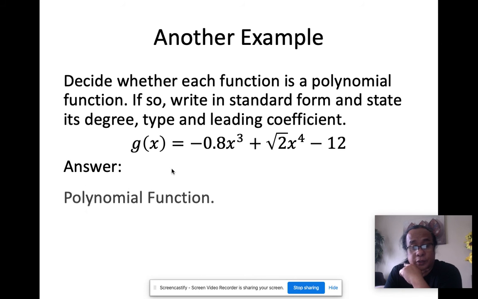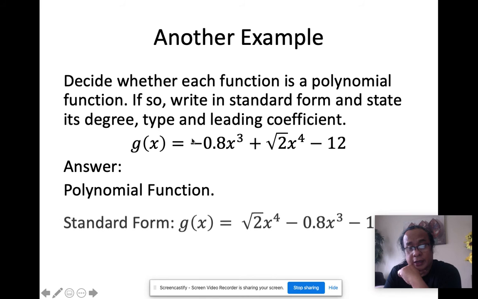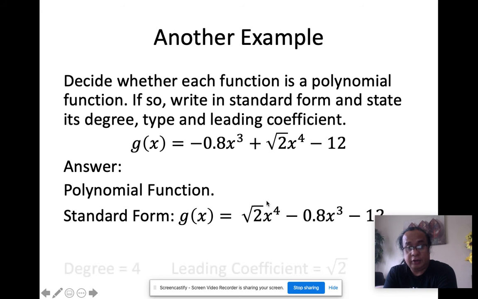All you have to do is move square root of 2 x to the fourth up to the front. Notice that the highest power is 4, which means the degree is 4, and the real number next to the highest power is square root of 2, which is your leading coefficient.